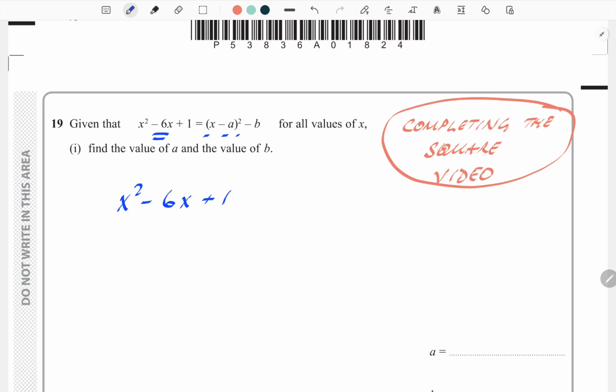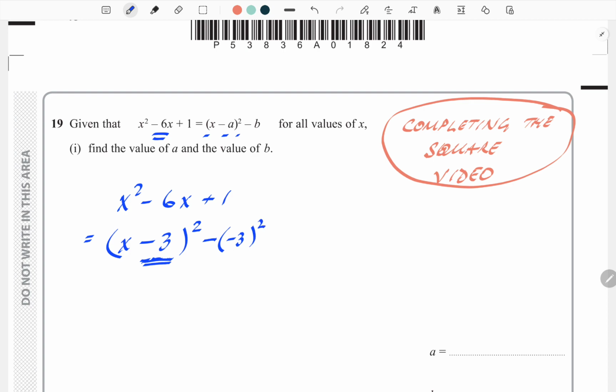What we're going to do is turn that into x minus 3. So you've got to look at the minus 6, halve it, and that's what goes inside the brackets. So x minus 3 all squared. Then you have to minus this minus 3 squared. So I'm going to write it like this.